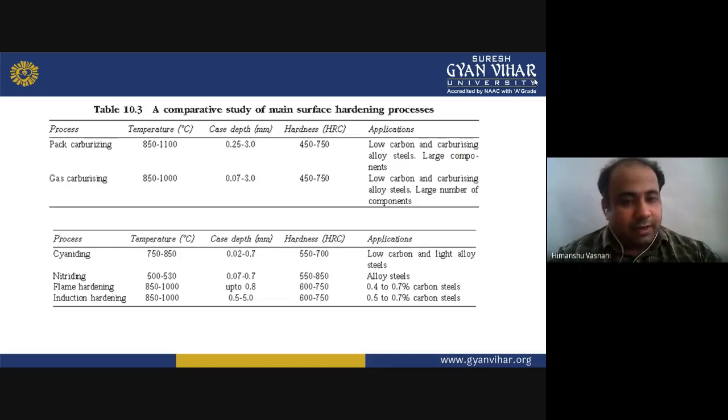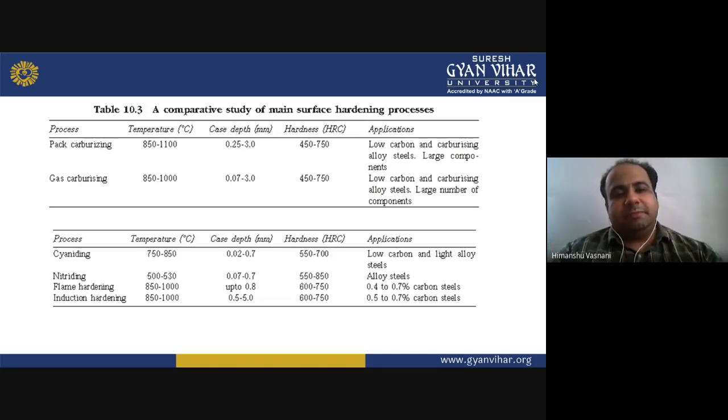Then flame hardening. It is at a temperature of around 850 to 1000 degrees centigrade, with a case depth of around 0.8 mm. The hardness is around 600 to 750 HRC, and its application is in carbon steels having 0.4 to 0.7% carbon. Then induction hardening, which is also a kind of hardening process.